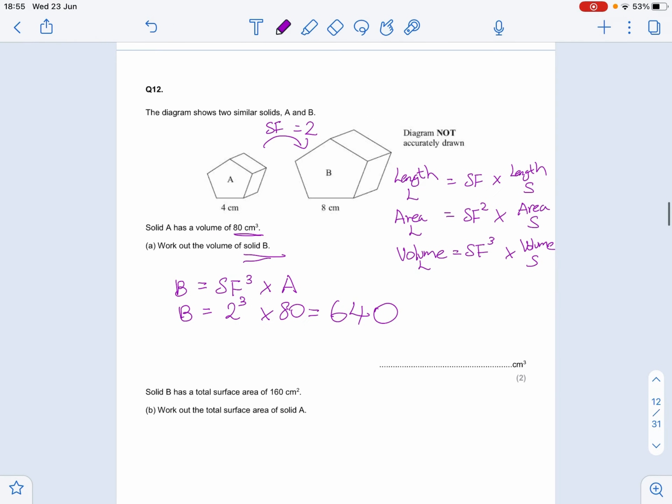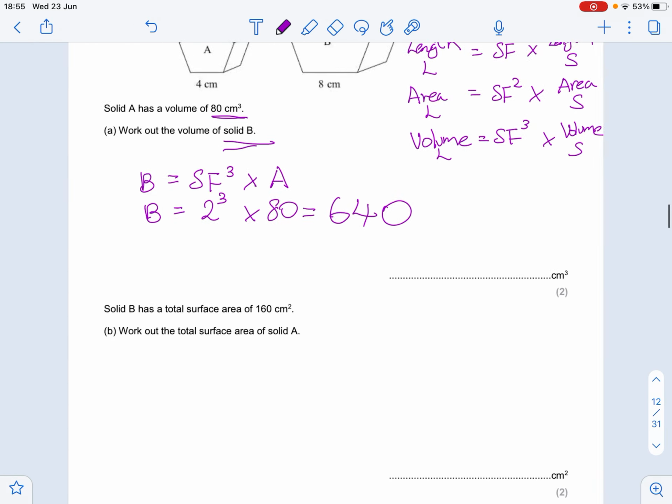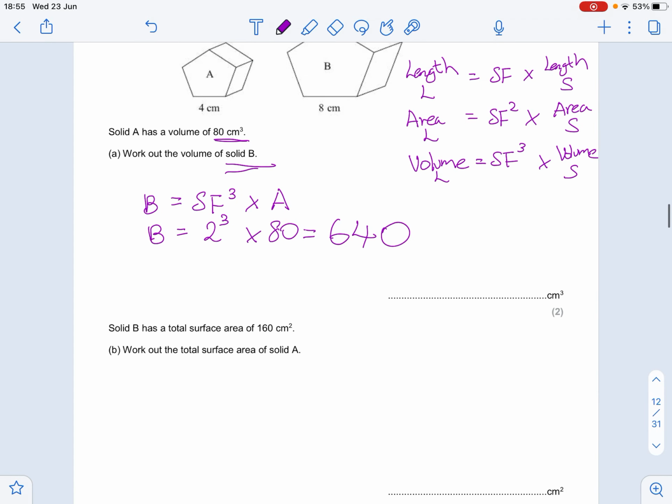Part B, we taught that for the total surface area, this is an area, so the area of the larger shape, which is B, is equal to the scale factor squared multiplied by the area of the smaller shape A. So the surface area of B is 160.